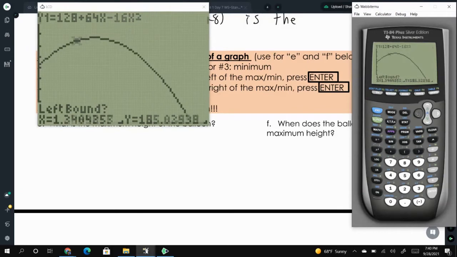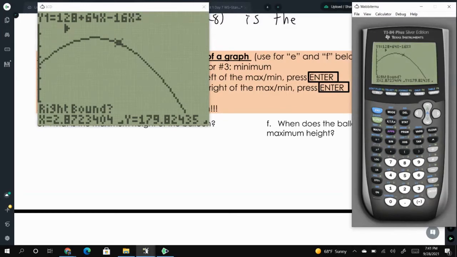And I think we can all agree that my cursor is now to the left of my max. Here's my max right about here, and that flashy thing is on the left side of that. Now it says right bound. I'm going to go to the right of that. Again, we can clearly see we are now on the right side of the max.